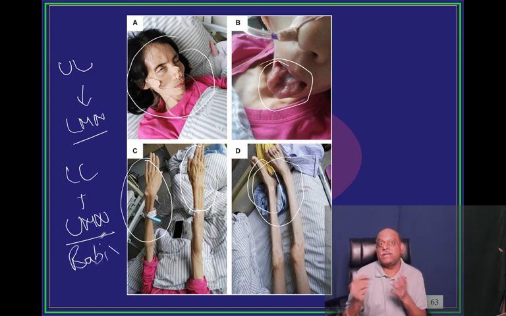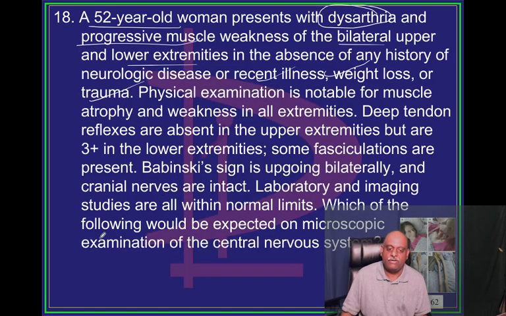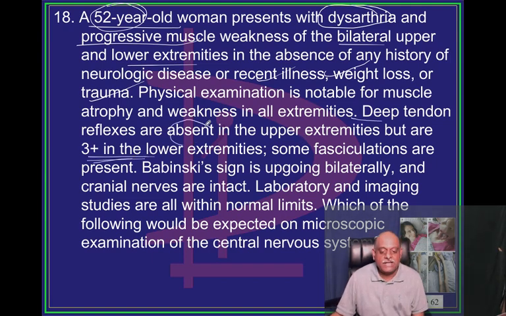So the combination, lower limb showing UMN features, upper limb showing LMN features, that is a very important clue to say it is a motor neuron disease. So, deep tendon reflexes are absent in upper extremities but 3 plus, hyperreflexic, in lower extremities. Upper limbs show fasciculations. Lower limbs show Babinski positivity.